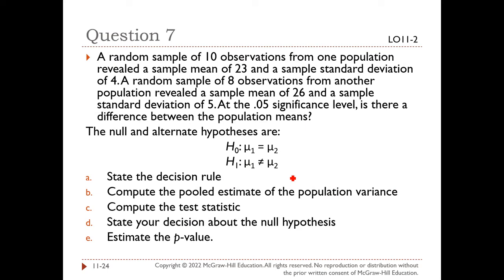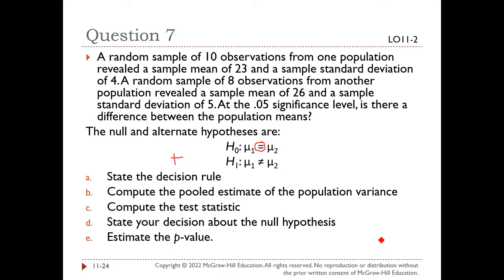At the 0.05 significance level, is there a difference between the population means? All right. So here, we've got to find our decision. Again, it's a two-tail. We know that from the equal sign. So we know it's two-tailed, but we're going to state the decision using the t-chart.